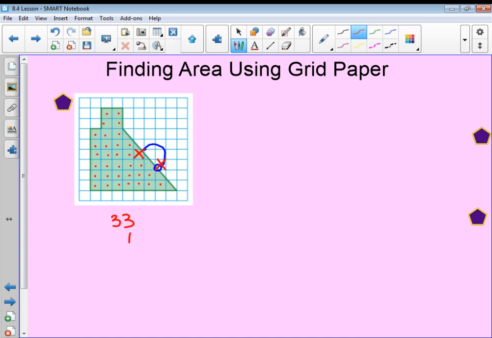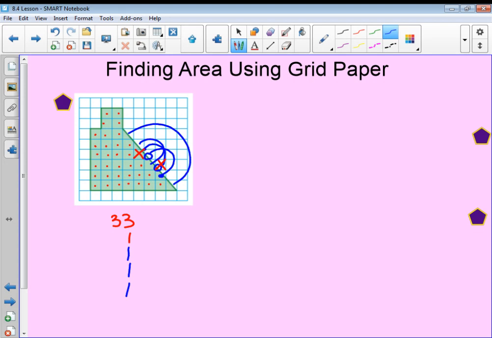So there's one more. Now with the rest of these, this one here and this one right here, I think I could chunk together to make another whole. And then this one and this one make another whole. So there's another one. And then I would say these two are about a half. There's another one.